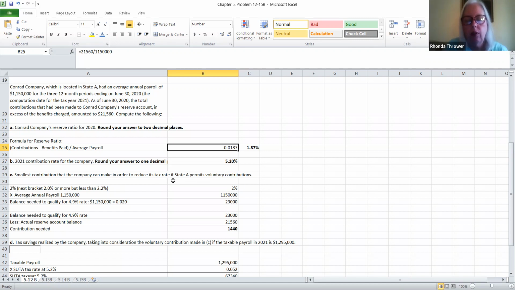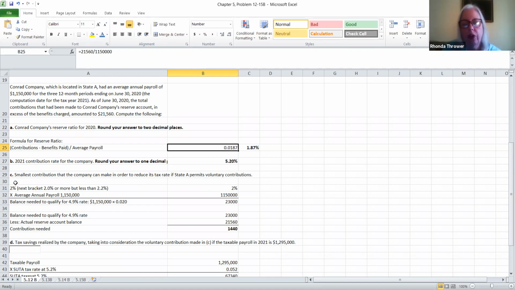So some states will allow companies to volunteer to contribute more to the state unemployment tax fund than what they have to. It's called voluntary contributions. If a company will voluntarily contribute more to the tax fund than what they actually owed, they give them a tax break in the next period of time.